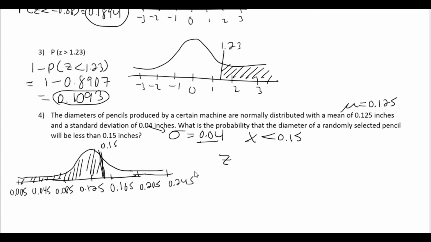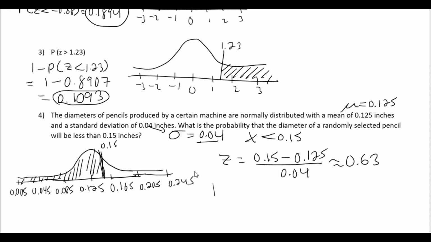All right, so now we're going to convert that to a z-score. So we're going to use 0.15 minus the mean divided by the standard deviation. And you're going to get about 0.63.